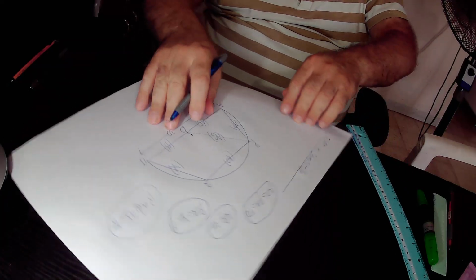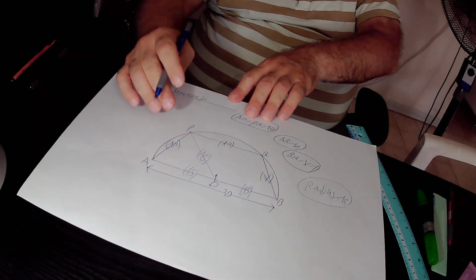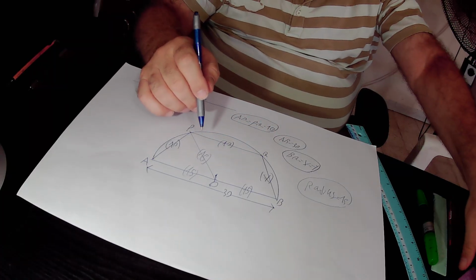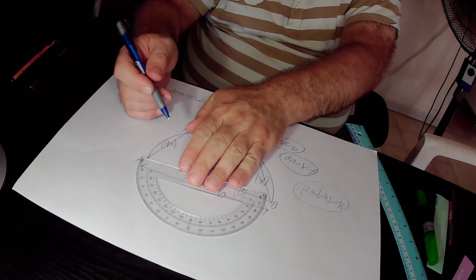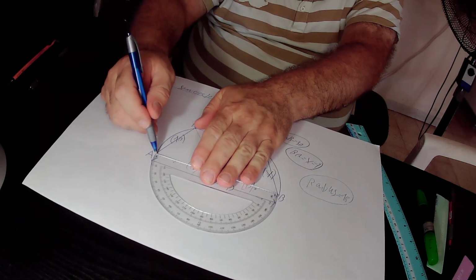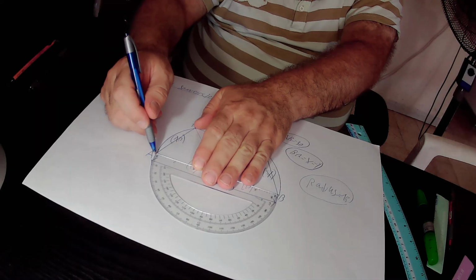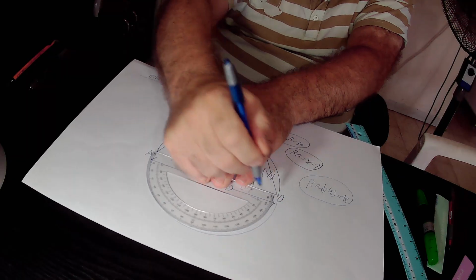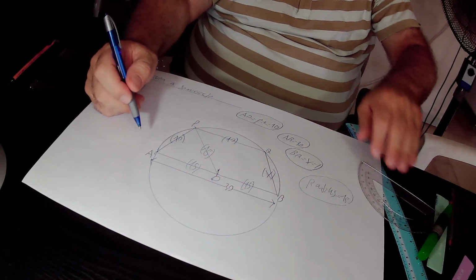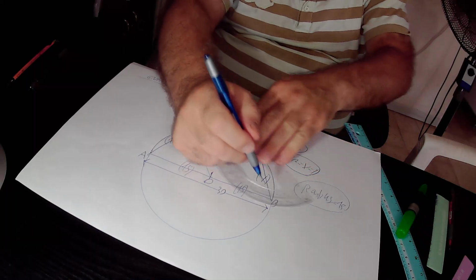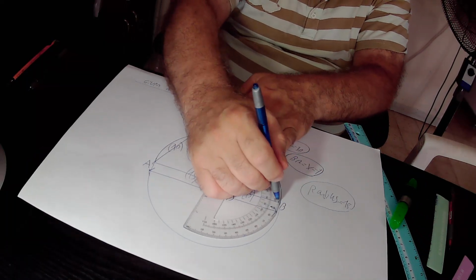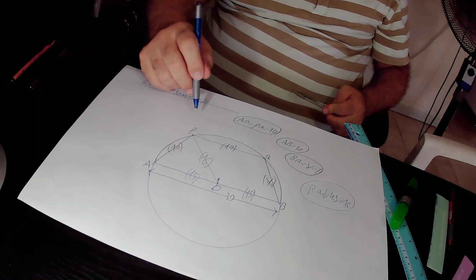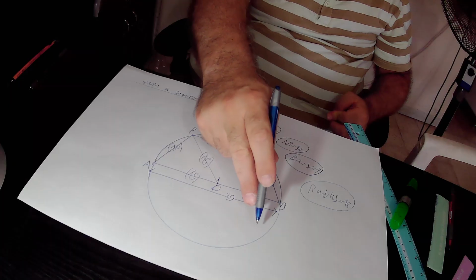In the next step, we will do a construction. That is to say, we will complete this semicircle to a circle. And we will extend the radius PO by a straight line until it touches the circle.